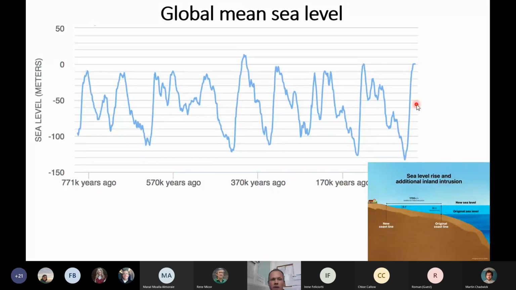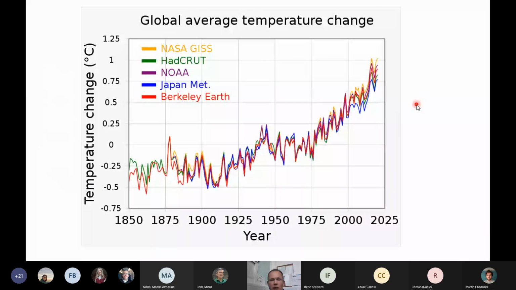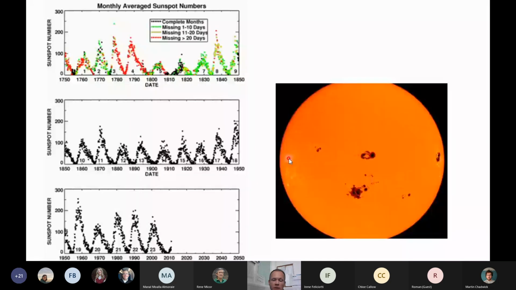For example, the global mean sea level is changing over years. The climate is a very random and very probabilistic issue. If you look at the mean average temperature, you can see a lot of fluctuations over the last several decades.